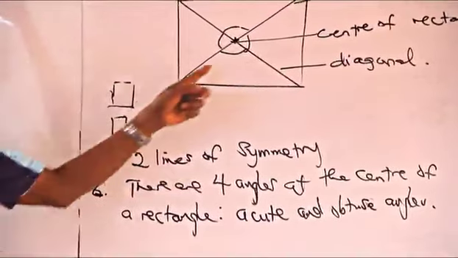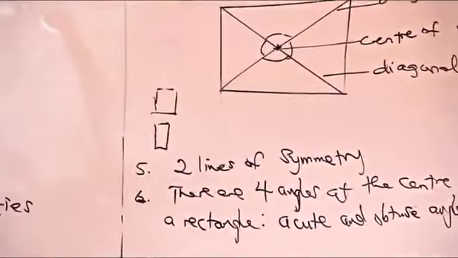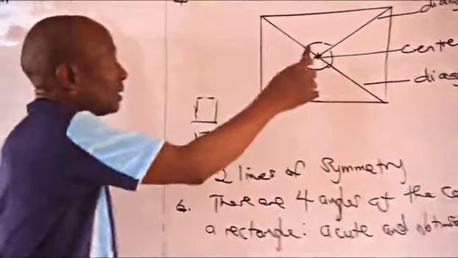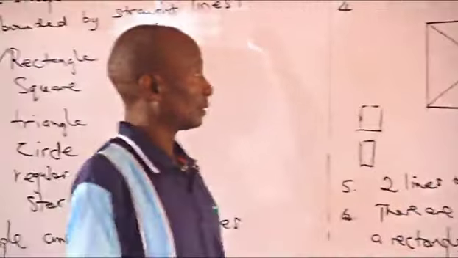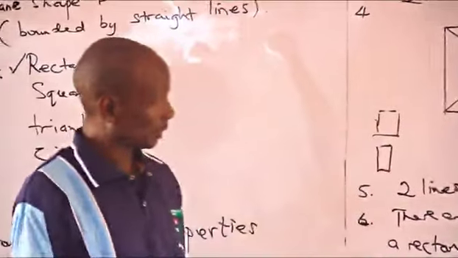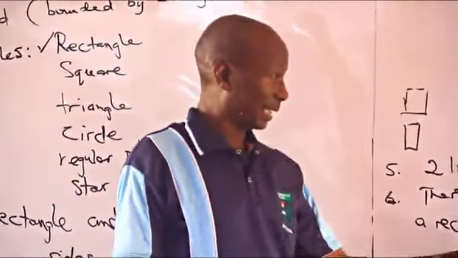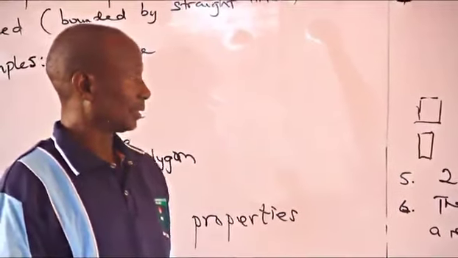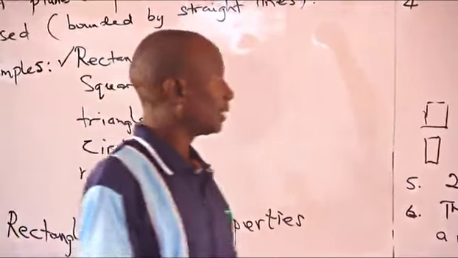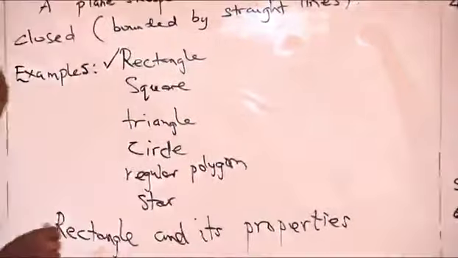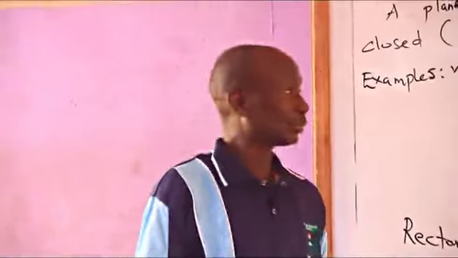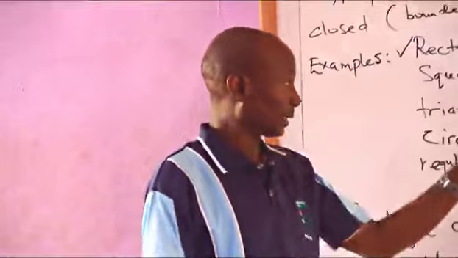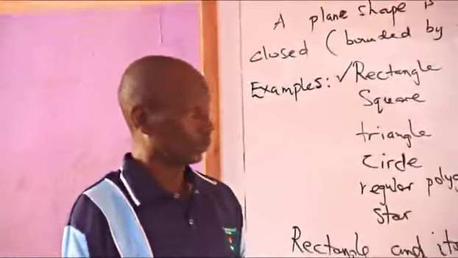You have time to draw this rectangle. You can use your protractor to measure out the angles. And you will see the ones that are less than 90 and those that are greater than 90 degrees. So what we have considered so far are the properties of a rectangle that we must take note of.